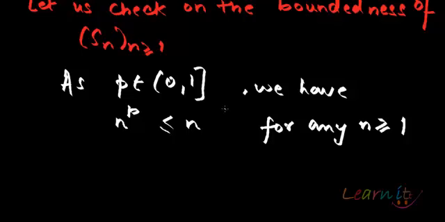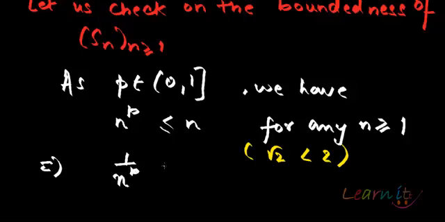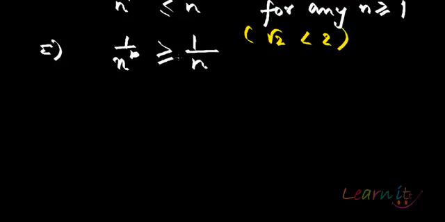Root 2 is always less than 2, right? So something of this sort. That will hold for every natural number, and this implies that if I just take the reciprocals, 1 upon n^p is greater than or equal to 1 upon n. That's the relationship we will have for all natural numbers.